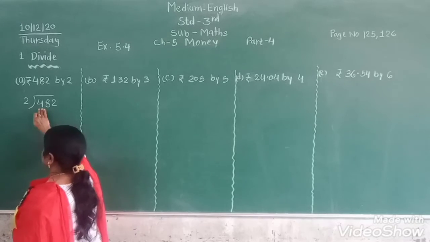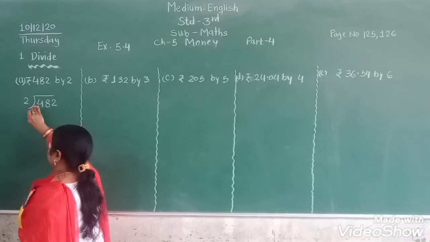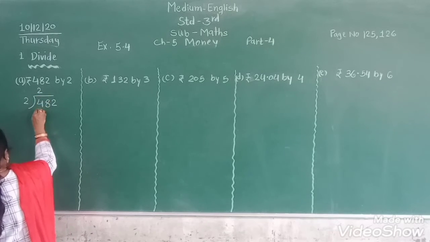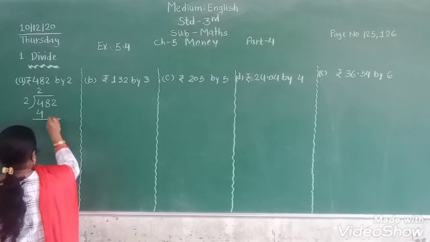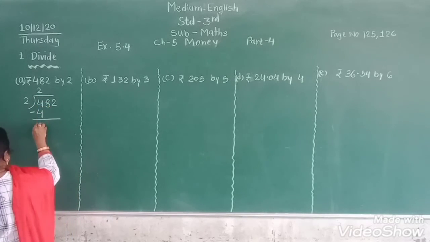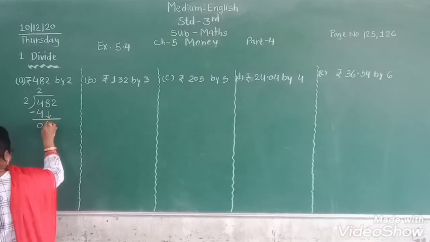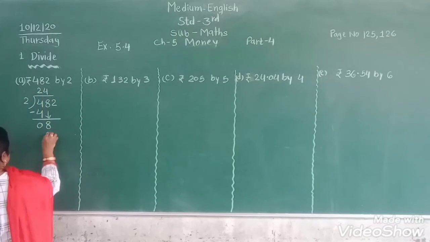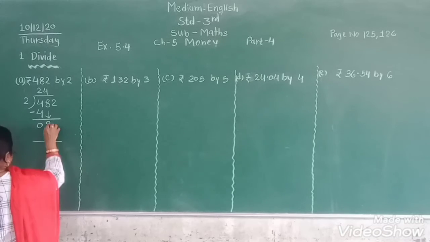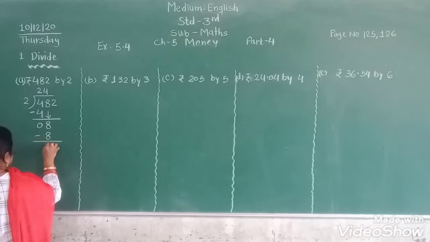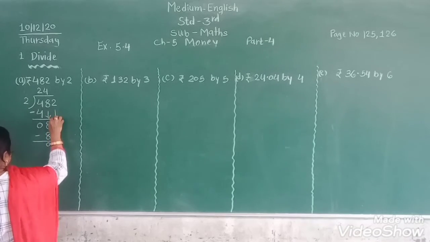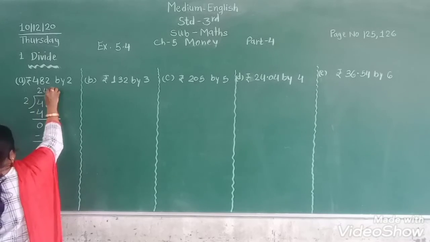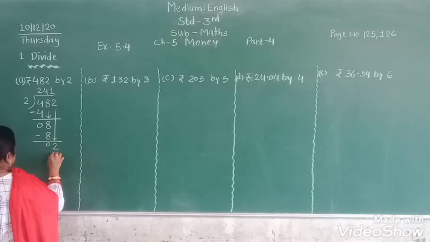So first number 4, we divide by 2. 2 twos are 4. 4 minus 4, 0, bring down 8. 2 fours are 8. Now 8 minus 8, 0, bring down 2. 2 ones are 2.